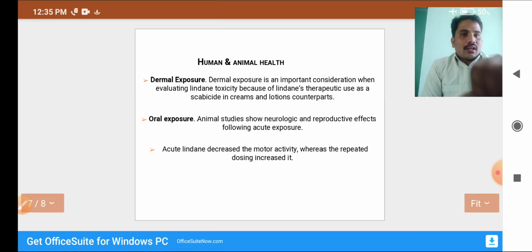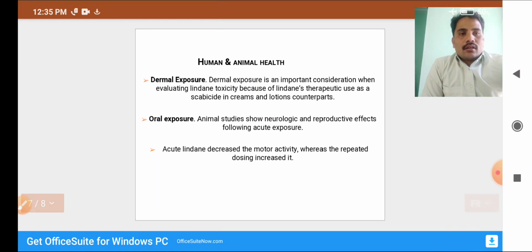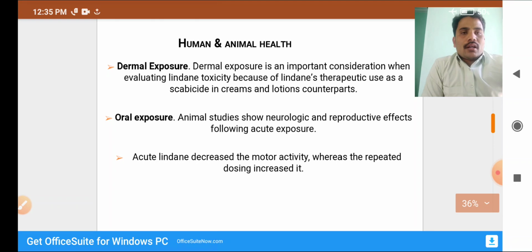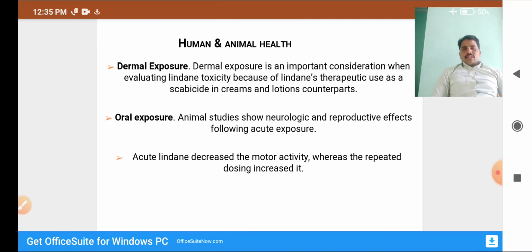Next, one very important factor is human and animal health. Dermal means relating to the skin. Dermal exposure is an important consideration when evaluating lindane toxicity, because of lindane's therapeutic use as a scabicide in creams and lotions.